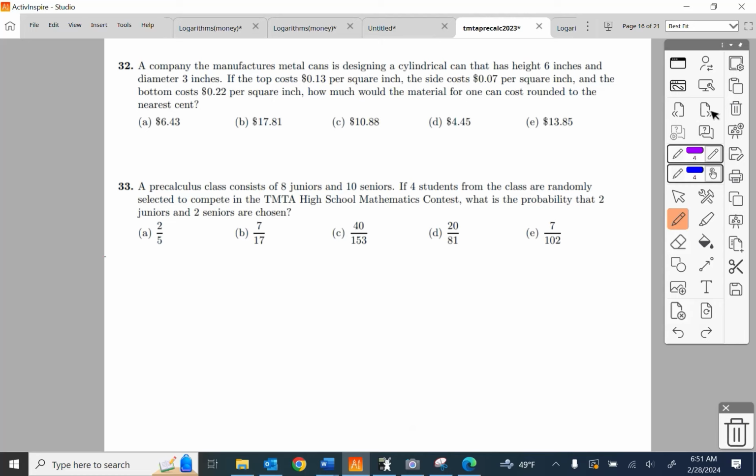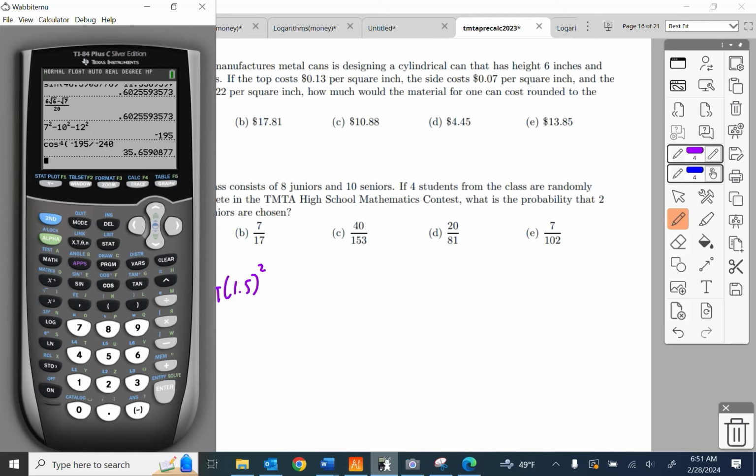So let's see here. Diameter is 3, so your radius is 3/2. Let's talk about the top. It's a circle, it's a can, right? The top is going to be pi times 1.5 squared, pi r squared.